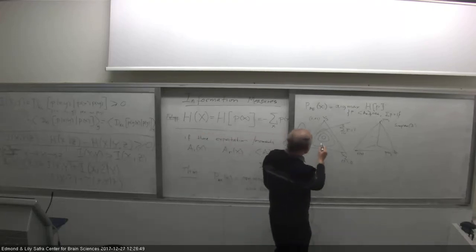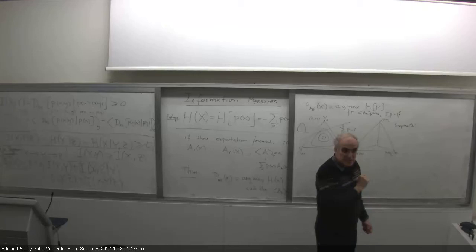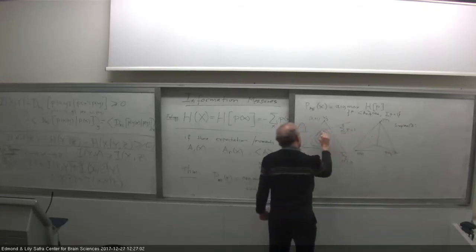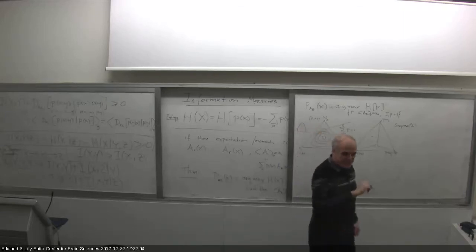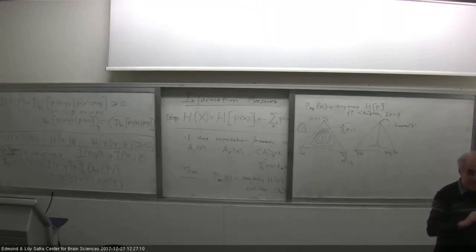So the maximum entropy is precisely the point on this line which is closest to the center, or which is tangent to the equi-entropy lines. This is the intuition of maximizing subject to constraints.